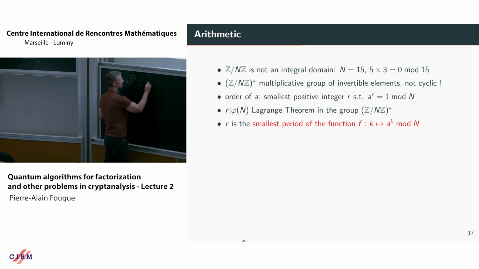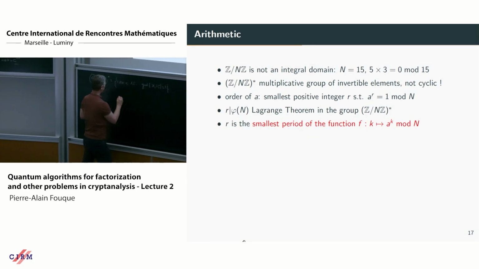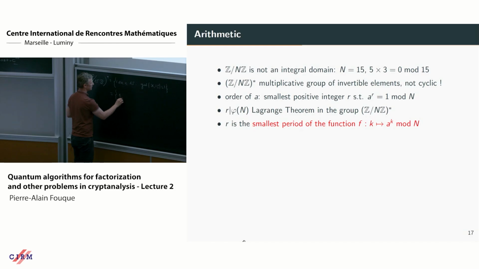So you have all x between 1 and 15 such that the GCD of x and 15 is equal to 1. The set contains 1.